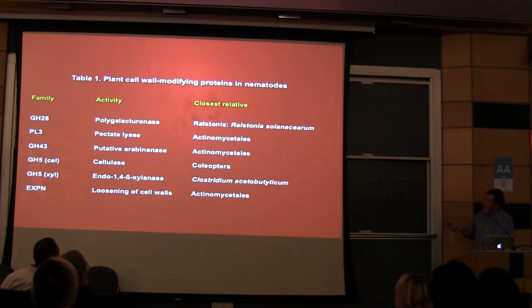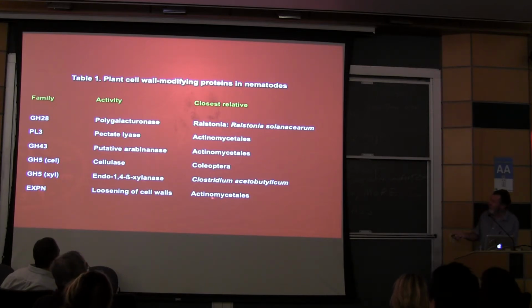The closest relative to these nematodes that has these particular classes of genes. In the case of some of these arabinases, it's actinomycetes. In the case of the cellulases, it's some beetles. In the case of this xylanase, it's Clostridium. So a whole variety of diverse organisms are the closest relative to these nematodes that have these particular genes involved in digesting plant cell walls.